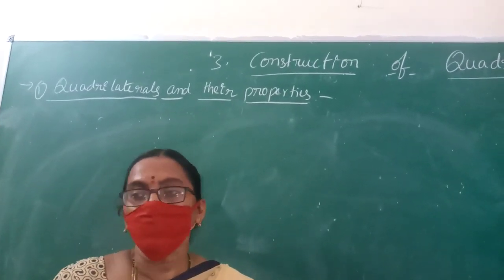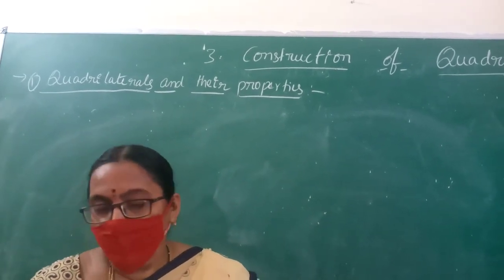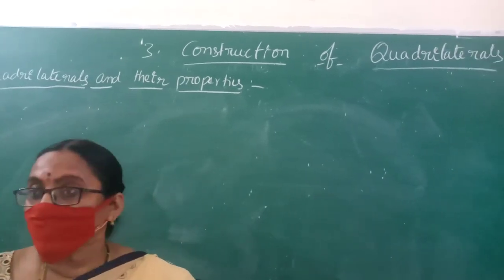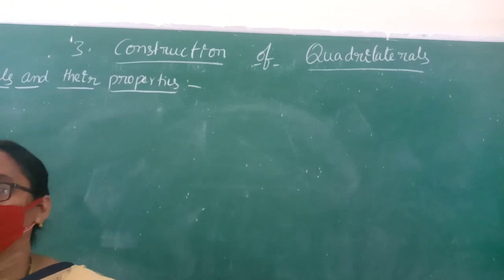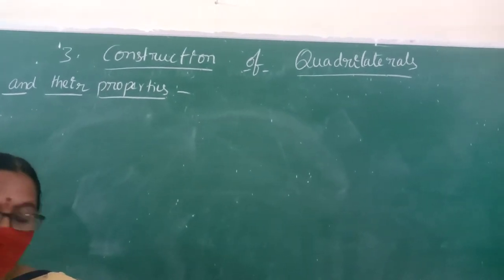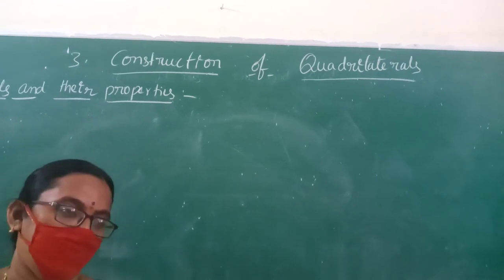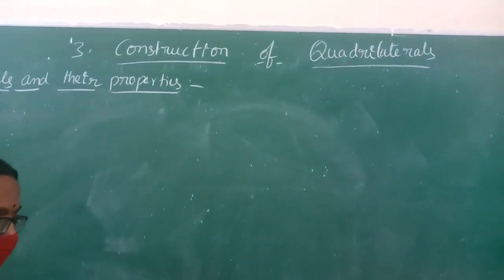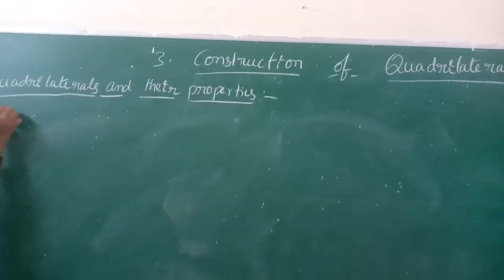If the given lines are parallel or perpendicular, which instrument do we use? Yes, set squares. To measure each angle, we use a protractor. To measure the length of each side, yes, scale. Very good.